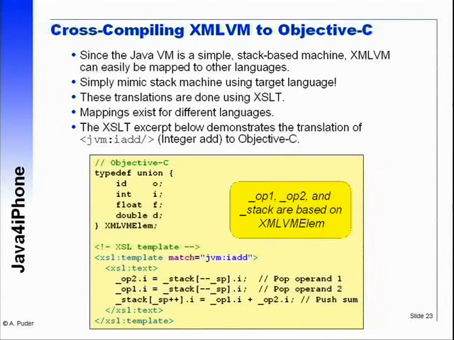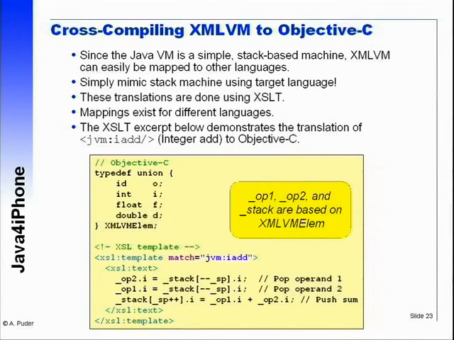Now, the code in black is Objective-C source code. If you take a close look at what this code is doing, it actually just implements the behavior, the semantics of the IAdd instruction. You see I have some helper variables. I have a variable called _stack that represents my runtime stack.